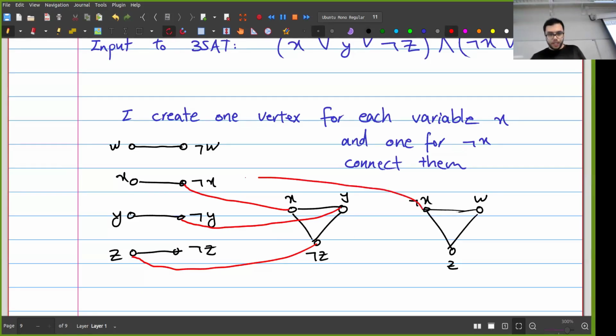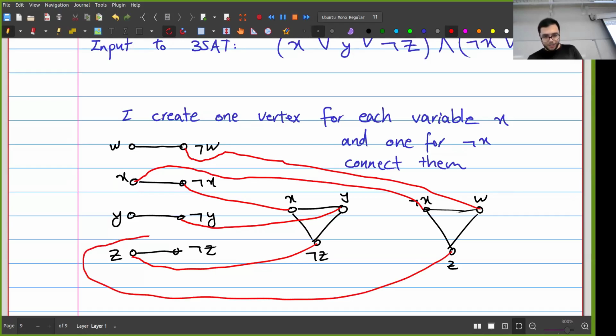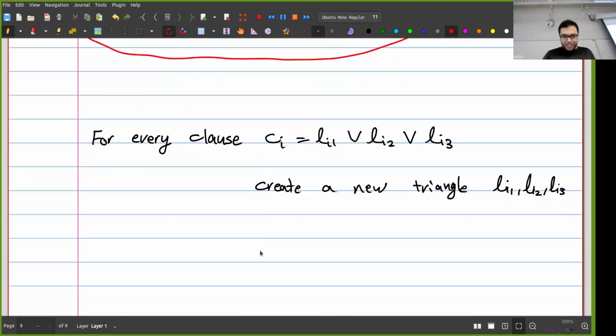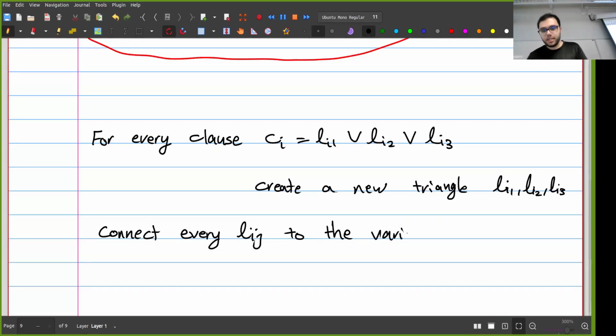So negation of X will be connected to X, W will be connected to not W, and Z will be connected to not Z. Okay, this is my graph. So this is the last part. So I say connect every vertex Lij to the variable vertex of its negation.